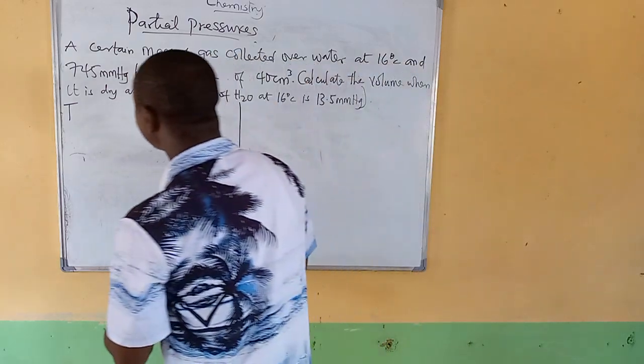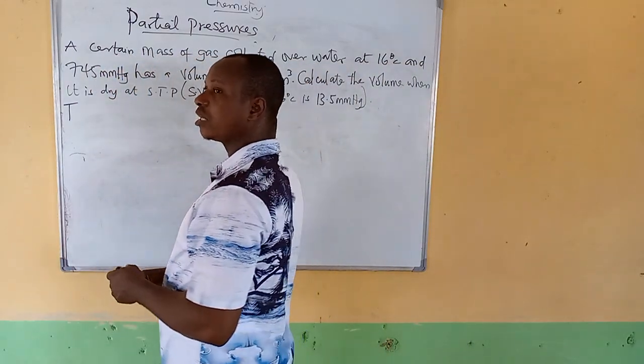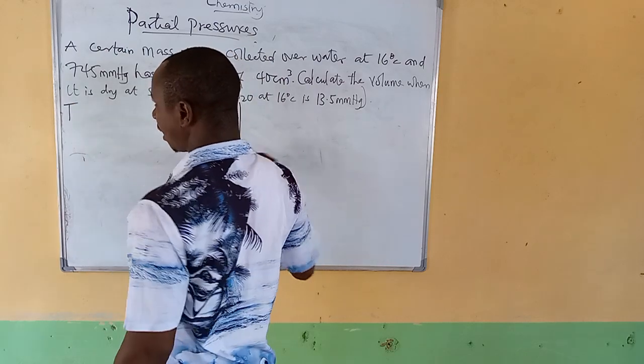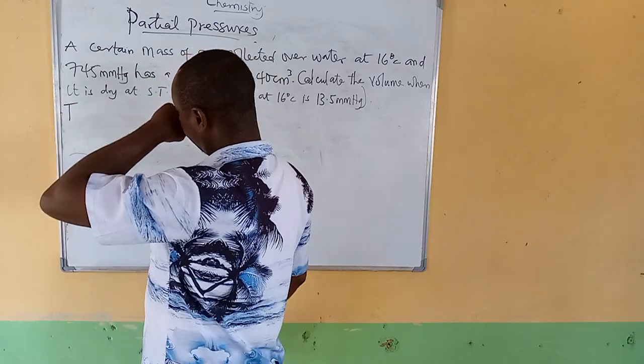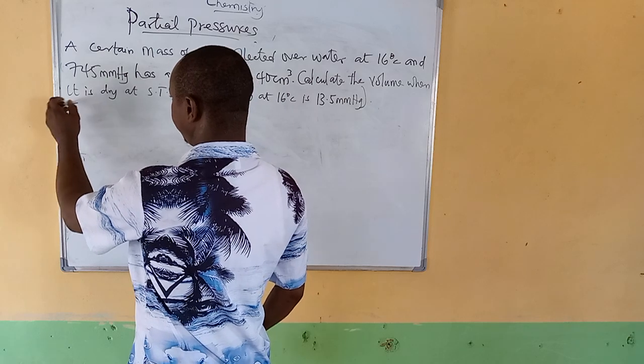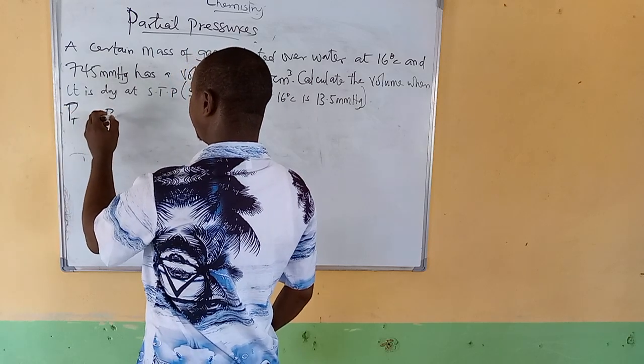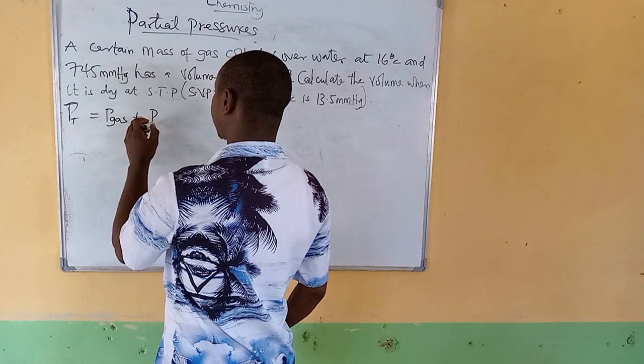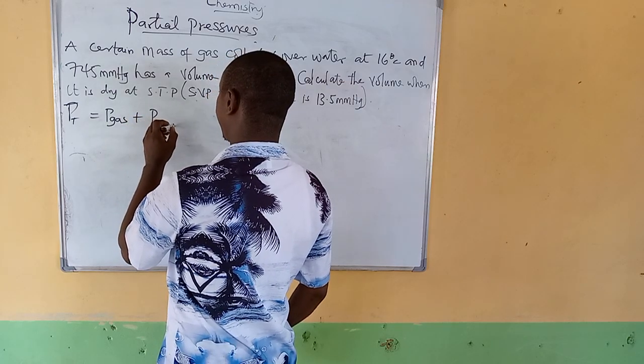So now there is a formula that I use to calculate the actual pressure of the gas. That is P total equals P gas plus P water vapor.